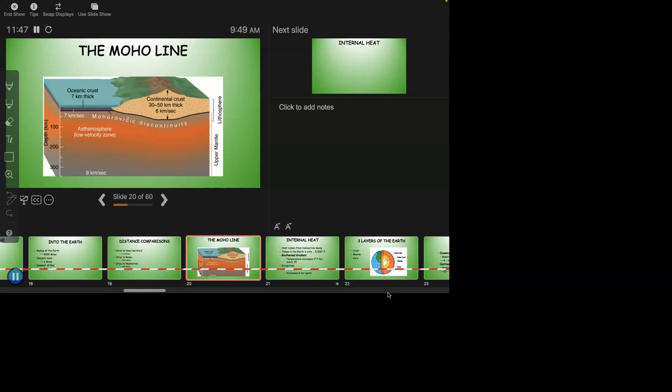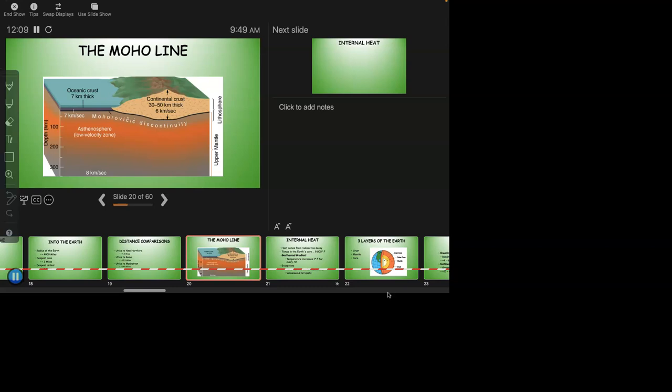It is a little deeper underneath the continents, a little lower, however you want to say it, for a couple reasons. One, the continents do sit a little lower on the mantle. They float lower, they sit heavier, however you want to say it, they sit heavier than the oceans do.